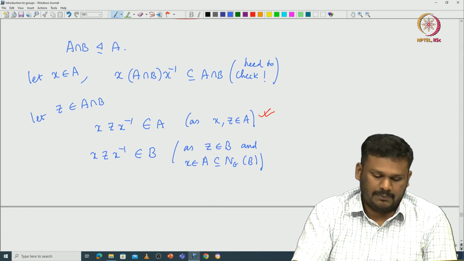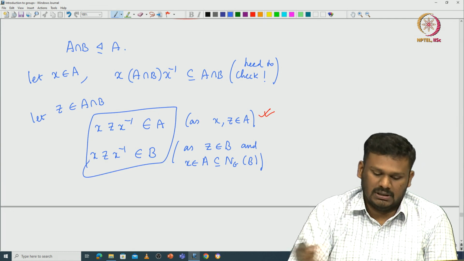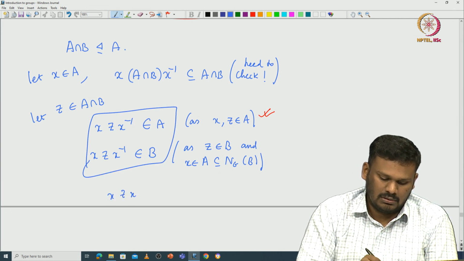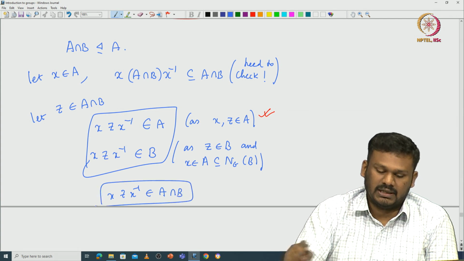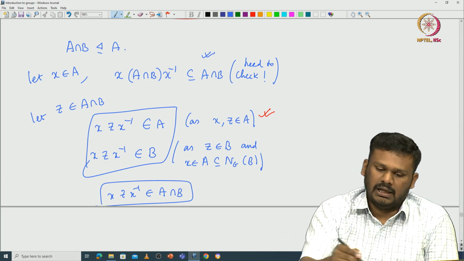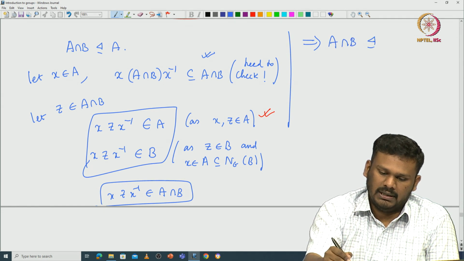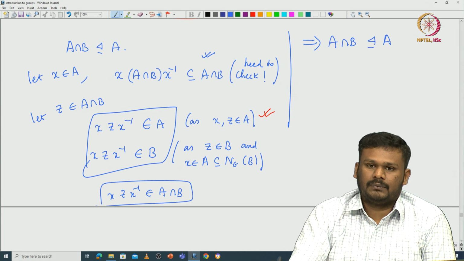Okay. So, that means this element xzx inverse is in both A and B, it is in the intersection. So, that is what we needed to check. Okay. So, which is checked, that proves that A intersection B is normal in capital A. Okay.